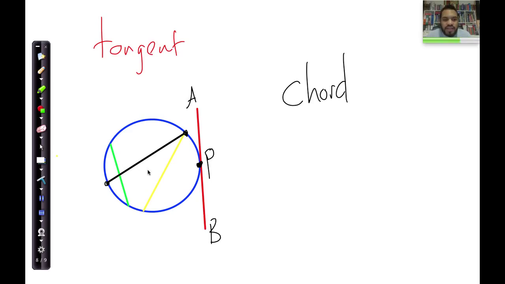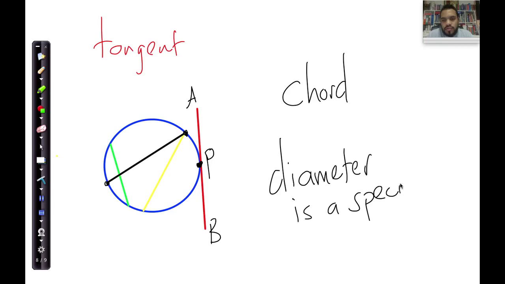The diameter is a chord that goes through the center of the circle. So I'm just going to list that over there: diameter is a special chord.